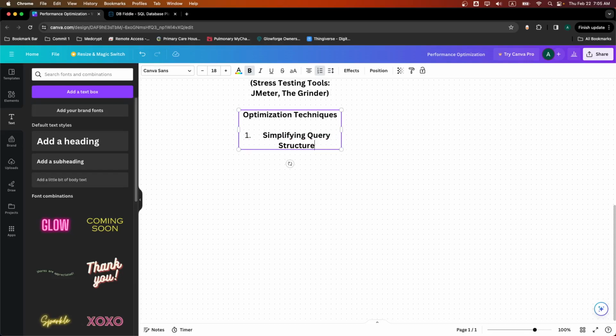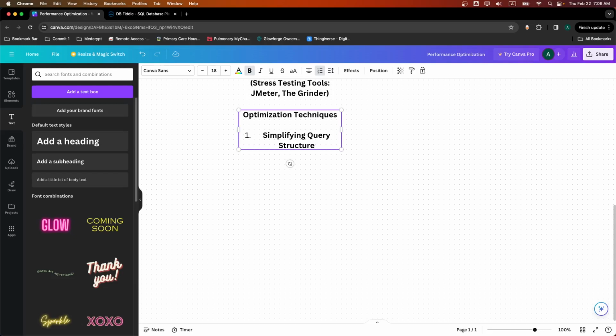You need to break down complex queries, because when you divide complex queries into smaller, more manageable ones, this reduces the processing overhead, improves the clarity, and definitely improves the performance of the query. You need to avoid unnecessary where clauses, only including the relevant conditions to filter the data.